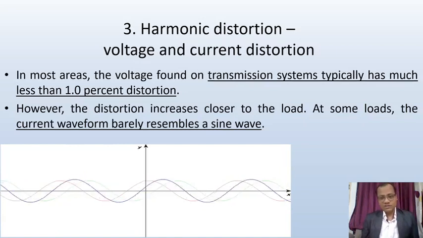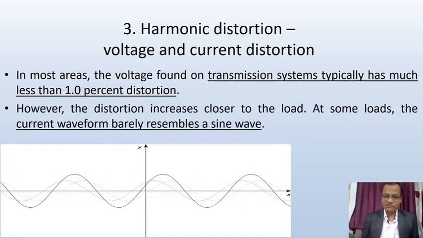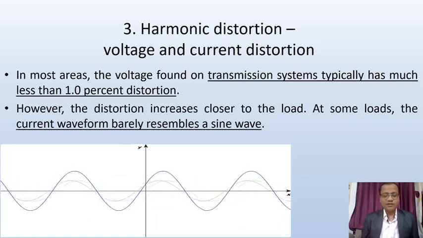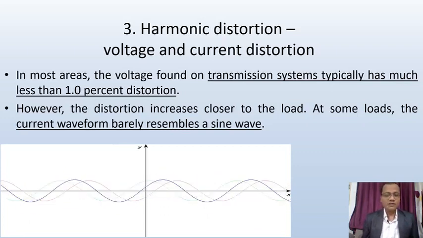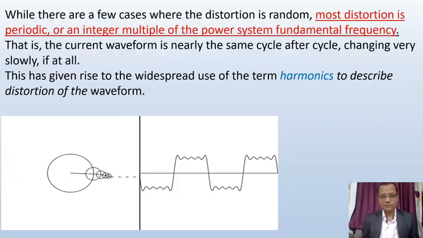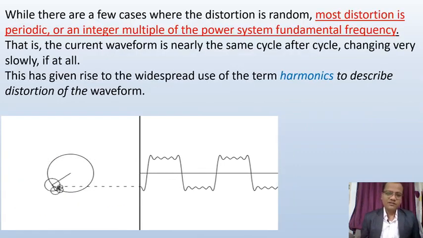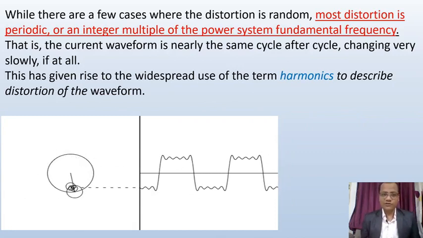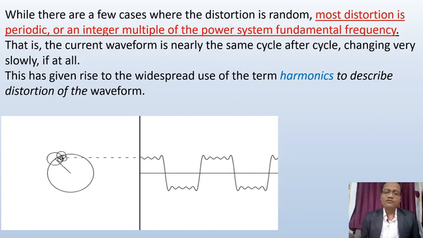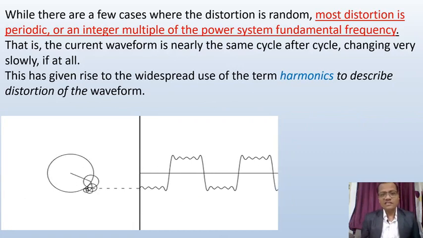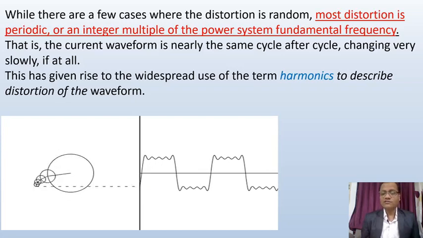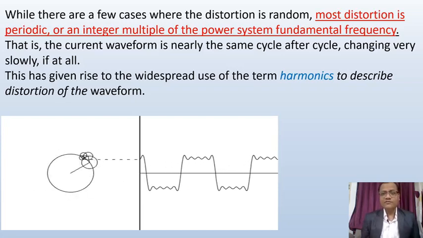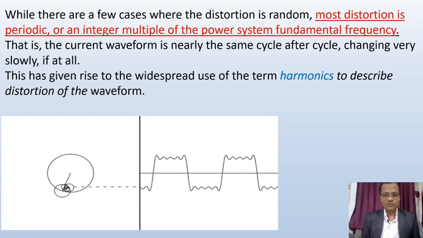Now according to the transmission system, there should be no losses of more than 1%, but still certain distortions are observed near the load, and this distortion might be less when we go away from the load. In some cases the distortions are random, and most distortions are periodic. So whenever a distortion is an integer multiple of the power system fundamental frequency, such distortions are called harmonics.